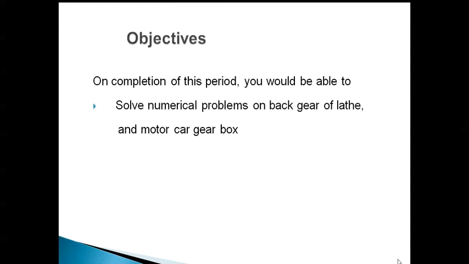We'll see some problems on the back gear of the lathe. On completion of this period, you will be able to solve numerical problems on the back gear of a lathe and the motor car gearbox. We'll see what the motor car gearbox is and some problems on it also, which was planned in the last class, and we'll see it in this class.